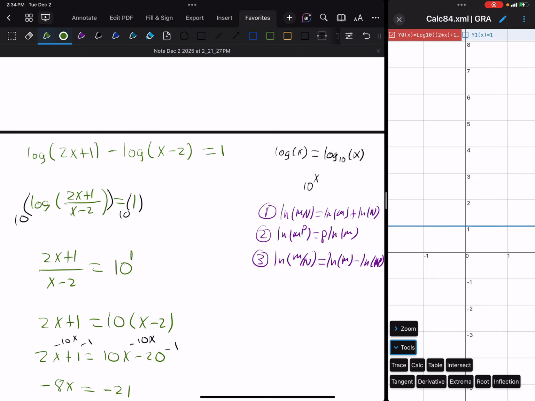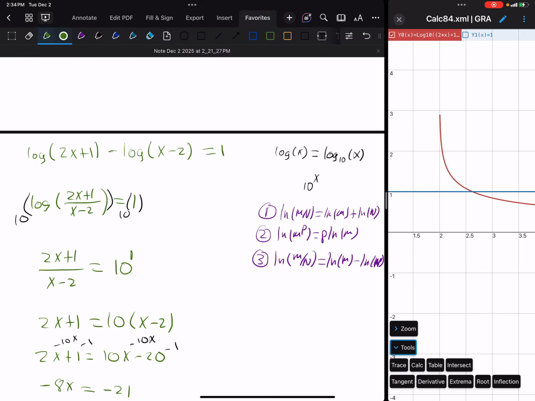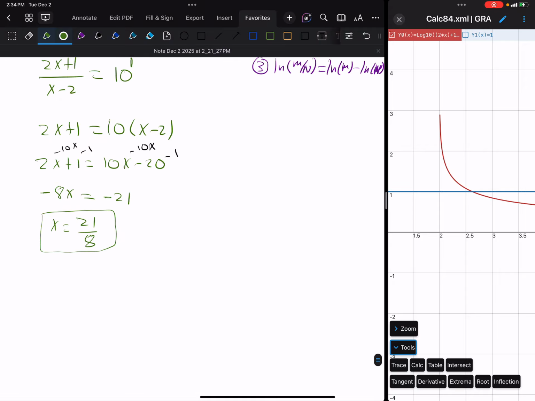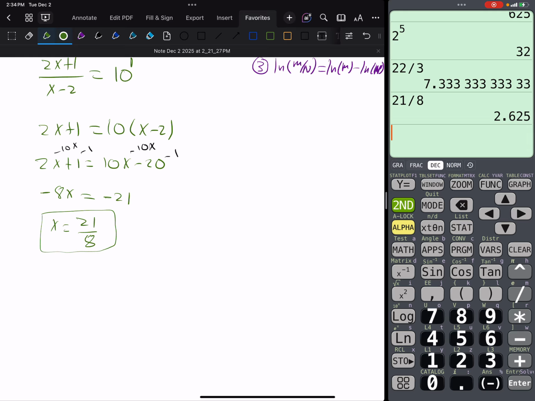I can graph the two, and I can see that 21 over 8 is between 2 and 3, which makes sense, right? Because 24 over 8 would be 3, and so between 2 and 3, that seems reasonable. Now if I do 21 over 8, I get 2.625. So the intersection also equals 2.625.